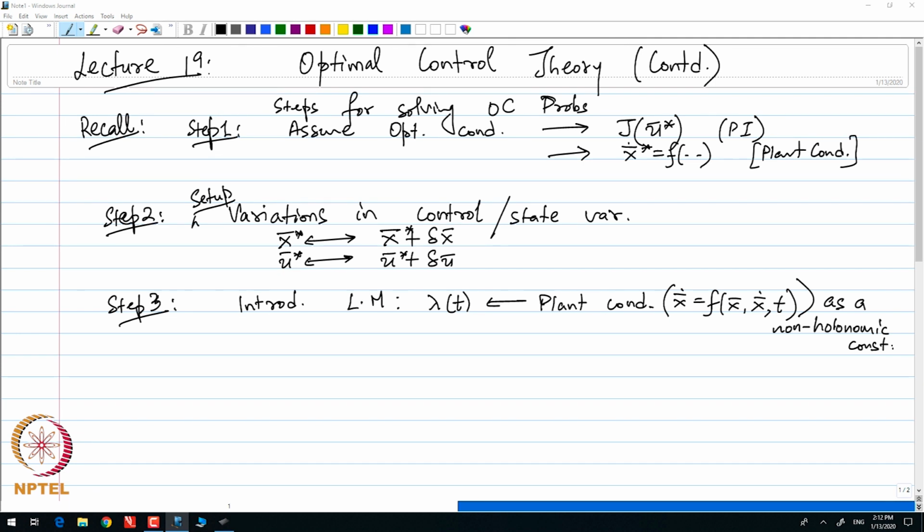In step 4 we write down our integrand for the functional at the optimal condition and the functional at the perturbed conditions, namely the Lagrangian.